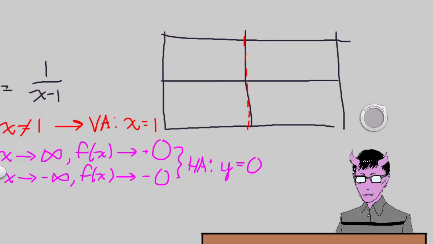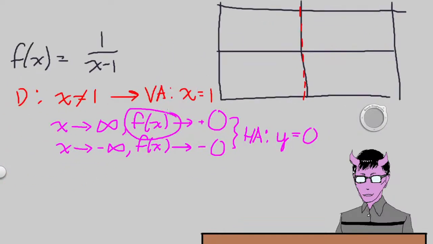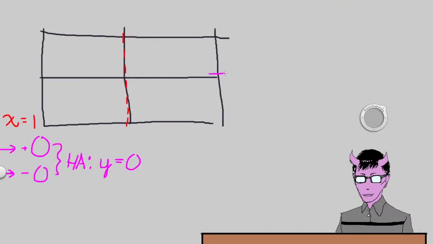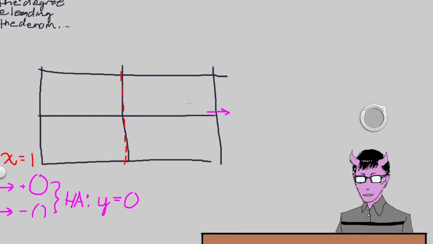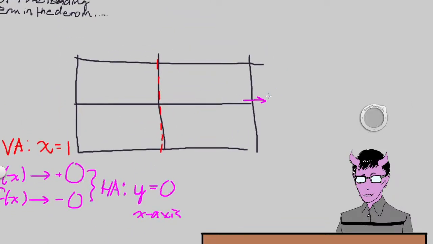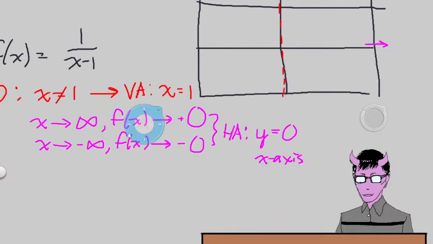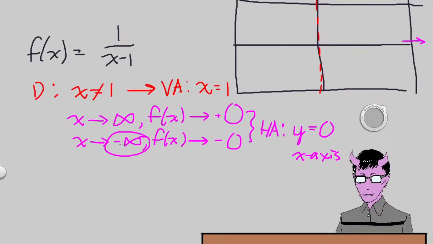And then long-term behaviors. As x gets larger and larger positive, the y values get smaller and smaller, but still positive. So we are above the x-axis, or y is equal to 0. Y is equal to 0 is the same as the x-axis. So right there. And then what's happening on this side again? As x approaches a large sized negative value, your y's approach 0.